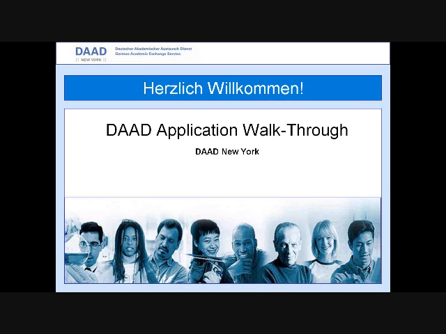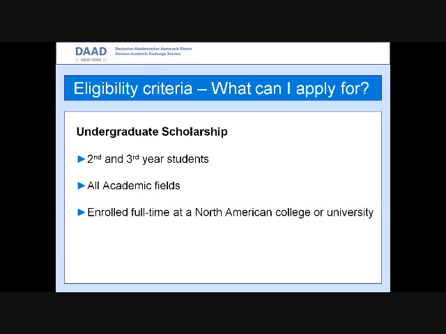So let's get started with who can apply for what program, because this question always comes up. We welcome second and third year students to apply for our undergraduate scholarship. So in Canada, of course, we're saying second and third year students.